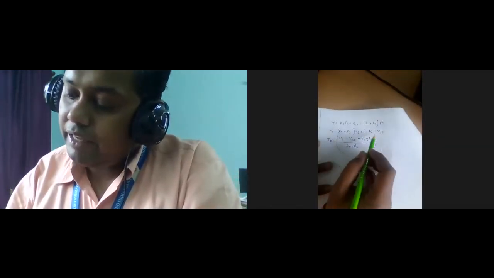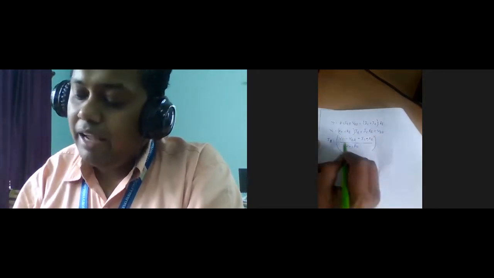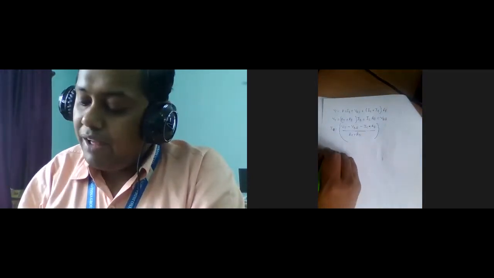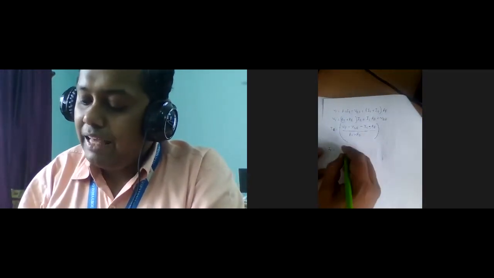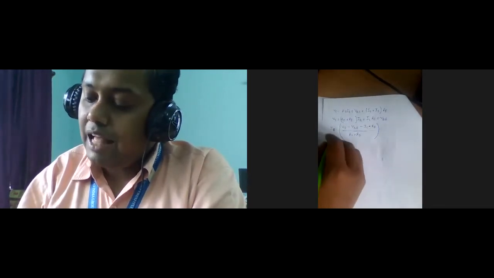I repeat again, VT minus IC into RE minus VBE by RT plus RE. So we already know the value of IC: IC equal to beta IB for the common emitter configuration. So this is the value of IB.